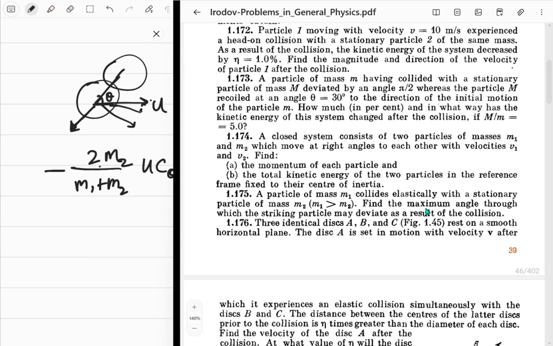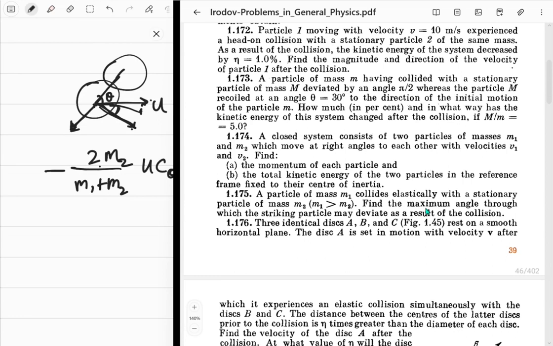Okay, so this is supposed to be u tangential and this is u normal, right? So your u normal upon u tangential is tan of whatever this angle is.